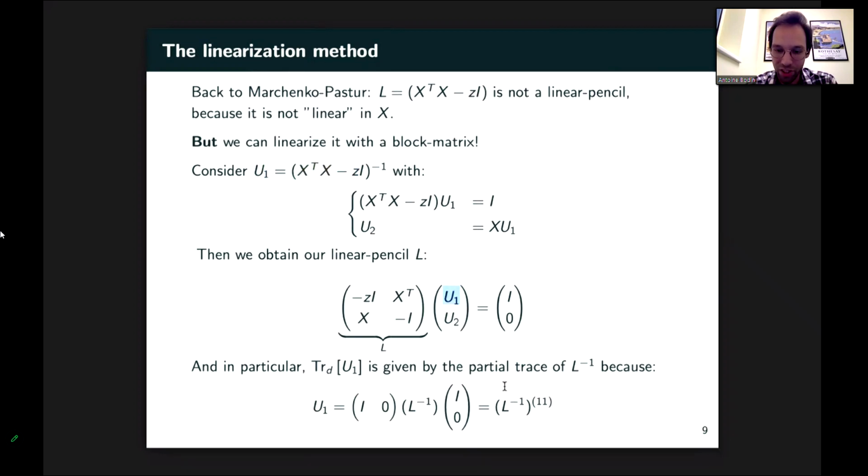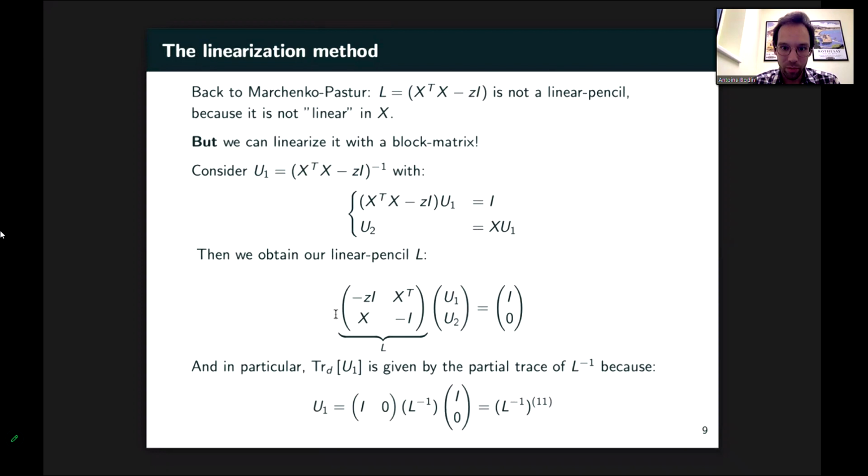So what I'm telling you here is that if we want to calculate the trace of U1 in the high dimensional limit d goes to infinity, what you truly want to calculate is the trace of L to the -1 at the block location 1, 1. If you see parentheses 1, 1 on the right-hand side of a matrix here, it means the block location of a block matrix.